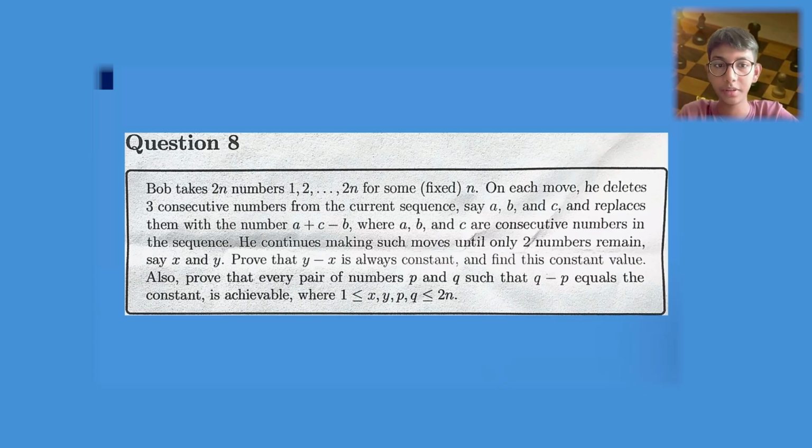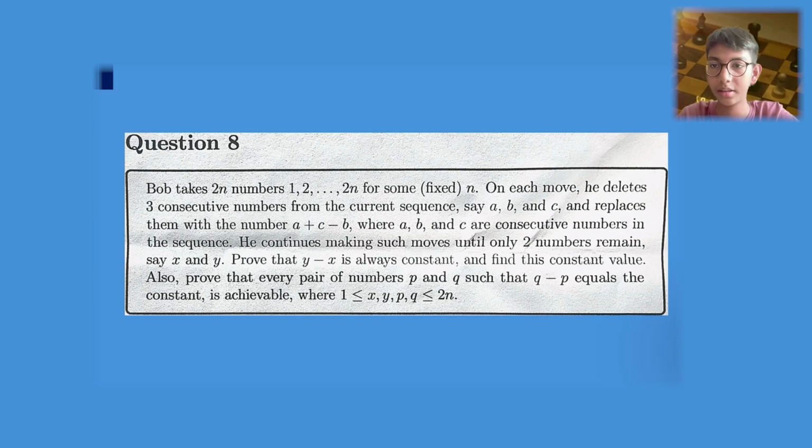So we have to prove that y minus x is always a constant and we need to find this constant value. Also later we have to prove that every pair of numbers p and q such that q minus p equals the constant is achievable, where 1 is less than or equal to x, y, p, q is less than or equal to 2n.